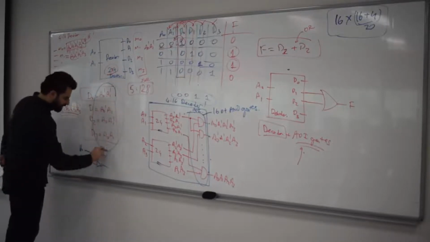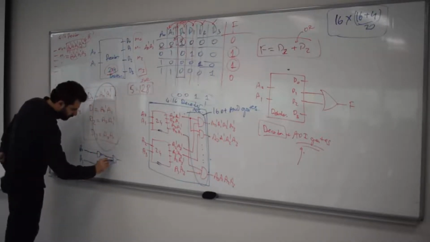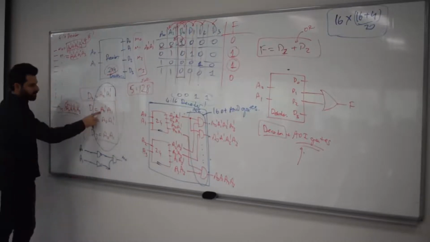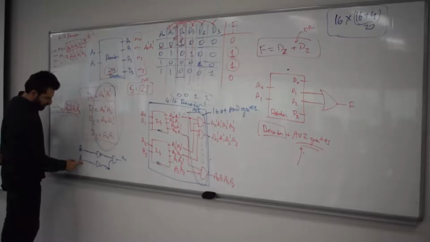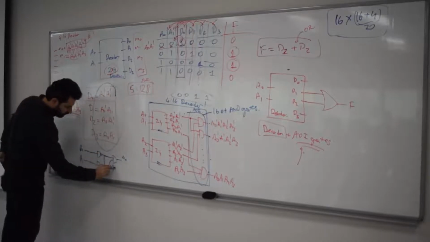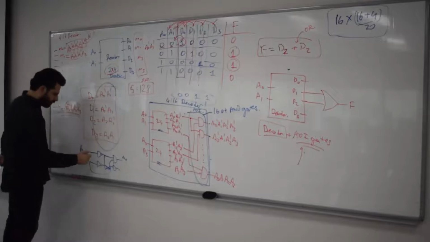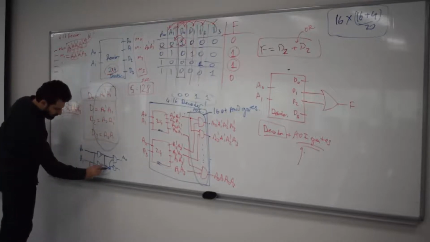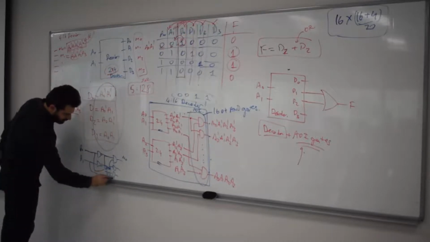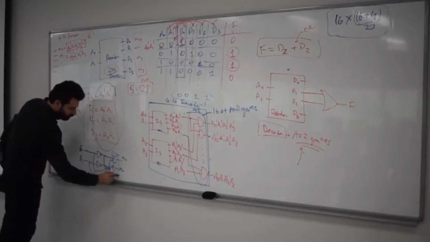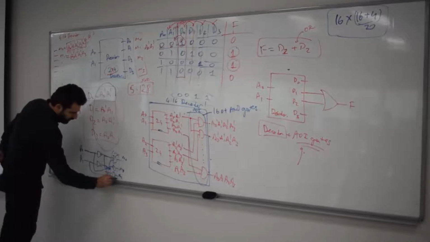So you AND them, and that's your first minterm, M0. How about this one? A0 prime, A1. So you have to put in another AND gate, and then this one says A0, A1 prime. You get this one, and then another AND gate, and you get the idea. You need 4 AND gates to generate M0, M1, M2, and M3, right?